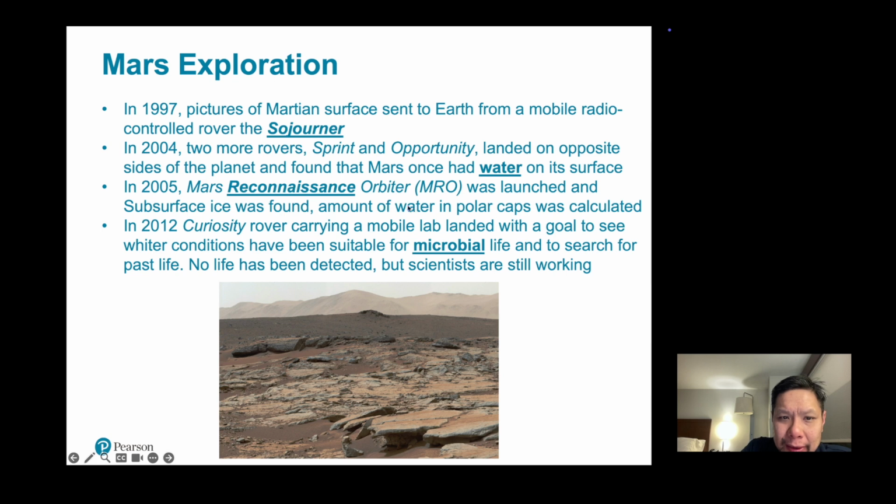So again, we found a lot of frozen water on Mars, but we haven't found any liquid water that can support life yet. But they're still working, right? And then in 2012, I think this is the one that's currently there right now, the Curiosity rover, and it's literally carrying a mobile lab to see if there are conditions that are suitable for microbial life. But again, no life has been detected, but scientists are still working.